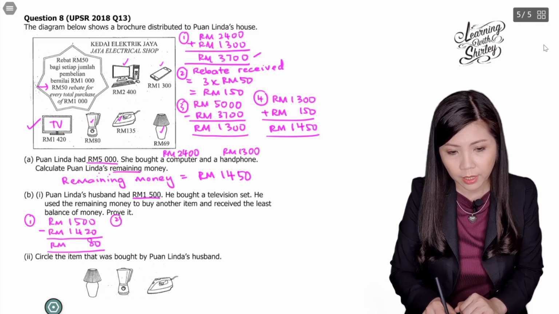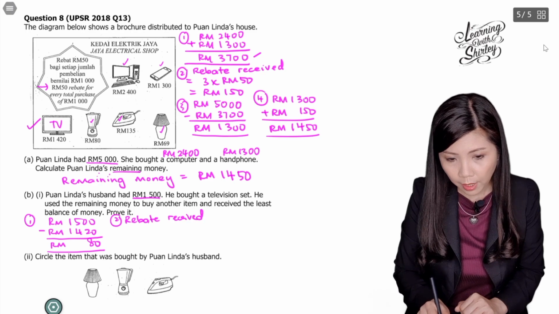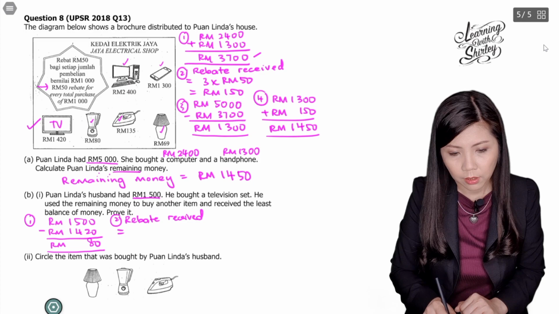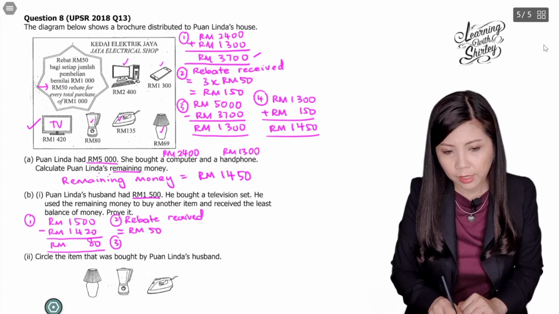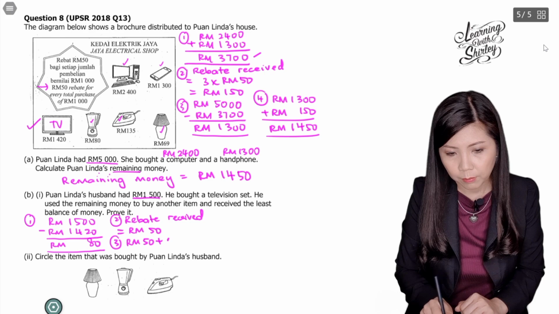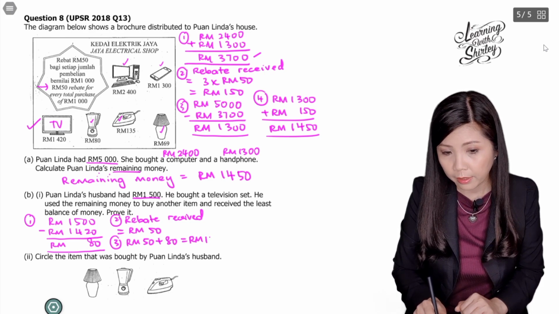So the second step is the rebate received. The rebate that he received is 50 ringgit. And then the third step is I'm going to use 80 plus 50, add them up together, so you get 130.